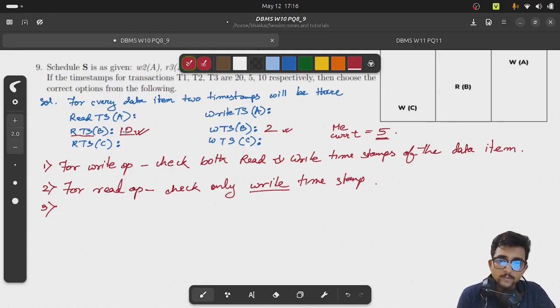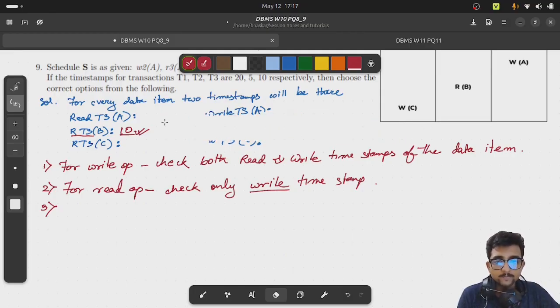No, we will not update the read timestamp of B. We will keep it as the greatest value, in order to reflect the fact of the youngest transaction till now, from the start of the schedule till now, which has read the value of B or the value of any data item. So we will not update it in this situation. Okay. So it will be kept at 10 only. We will not update it with 5. So this is another rule.